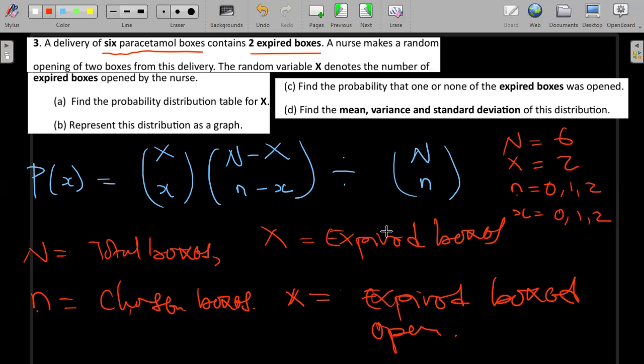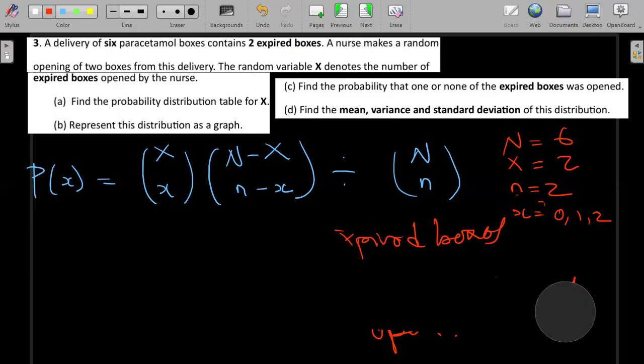The small letter n is just the number of boxes that you choose from the total, so this one is not going to be changing. The one that will be changing is the small letter x. So this one will be constant, just 2. You can pick 0, you can pick 1, or you can pick 2.